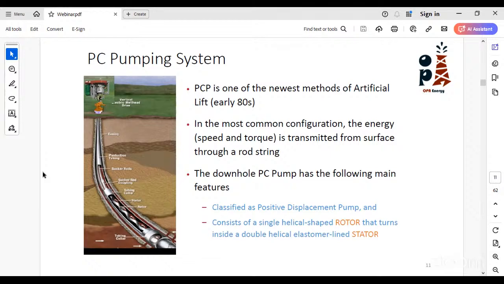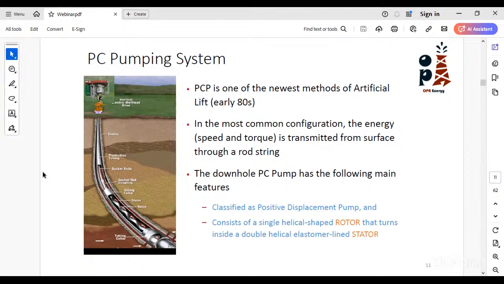The centrifugal pump's principle depends on delivering a high speed to the fluid that you are pumping, and this speed can be transferred to a pressure through the different configuration of the pump you have. Like for the ESP, you have a diffuser and an impeller. If the speed is high and then it goes through the diffuser, then this speed energy is transferred to pressure energy, and so the fluid can move from downhole to the surface.